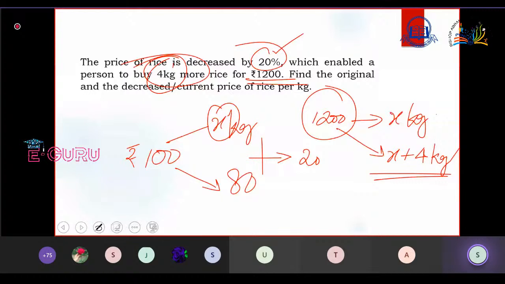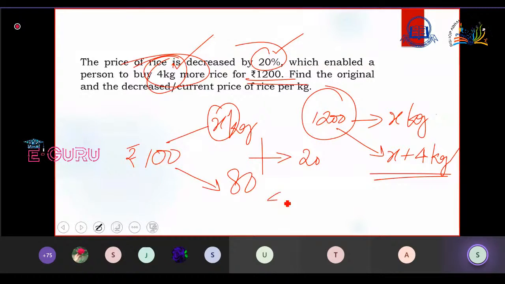Whatever additional purchase you have done, you have done with the amount you have saved. You went to the shop with 100 rupees, and since the price got reduced, you saved 20 rupees, and with that 20 rupees you made the additional purchase, and that additional purchase is 4 kg, which is already given in the question.